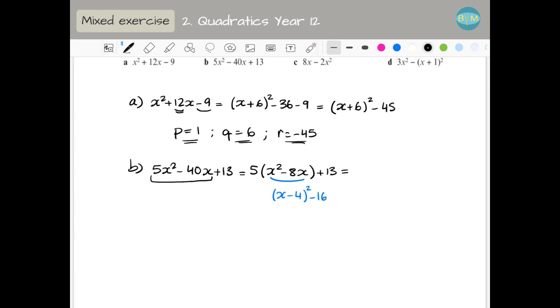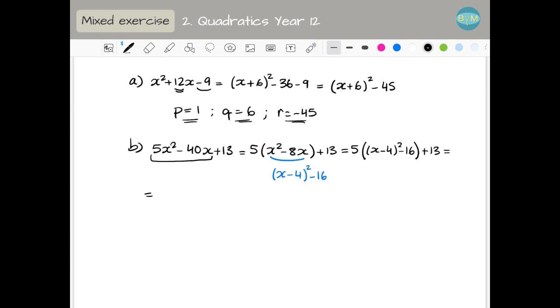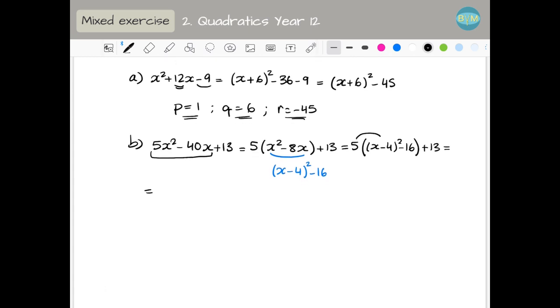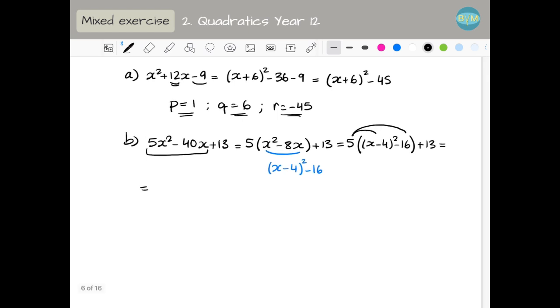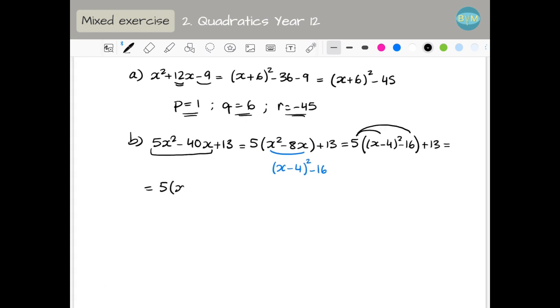I'm going to substitute back. So I have 5 times bracket x minus 4 squared minus 16, and then the plus 13. Don't forget the plus 13 because it's common that we forget it. I'm going to expand this bracket. I'm going to multiply by the 5, but I'm not going to expand the square, just the 5. Minus 16 times 5, which is 80, plus 13.